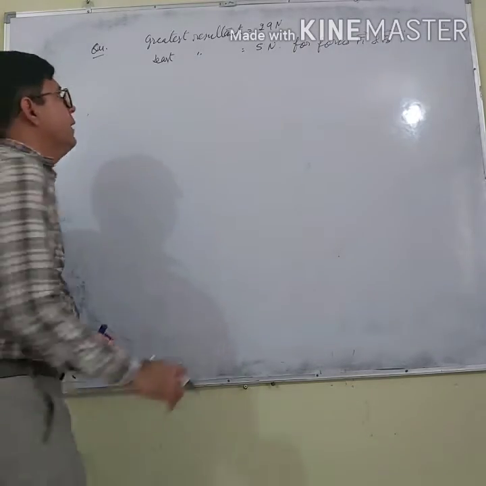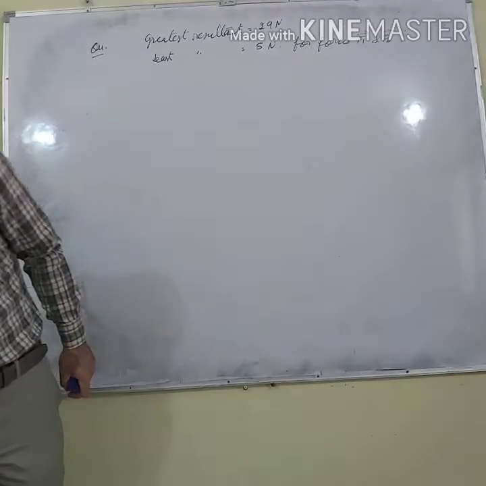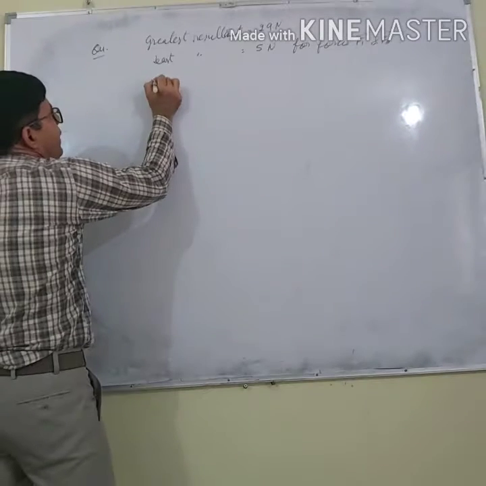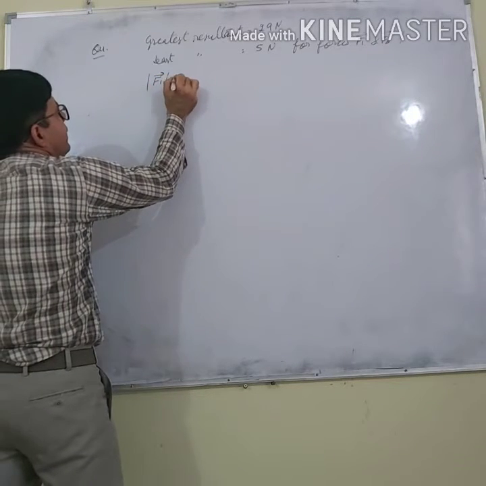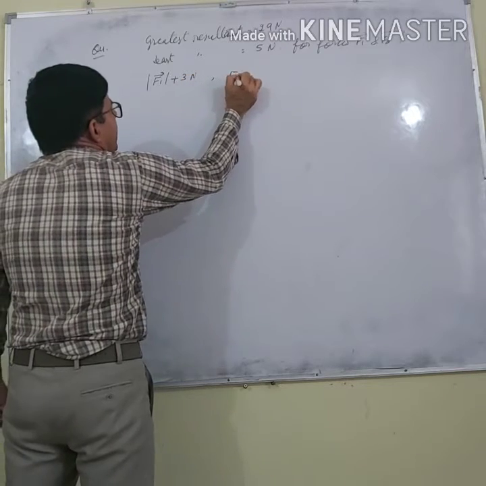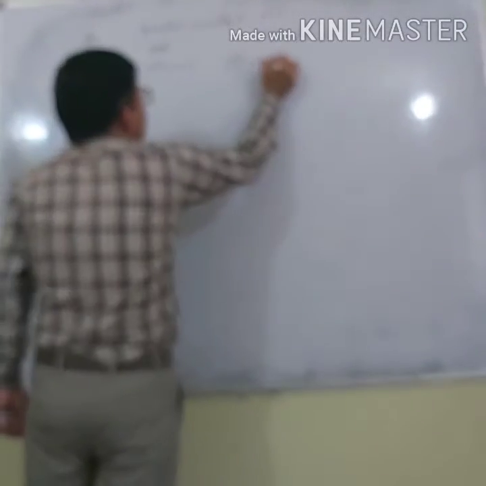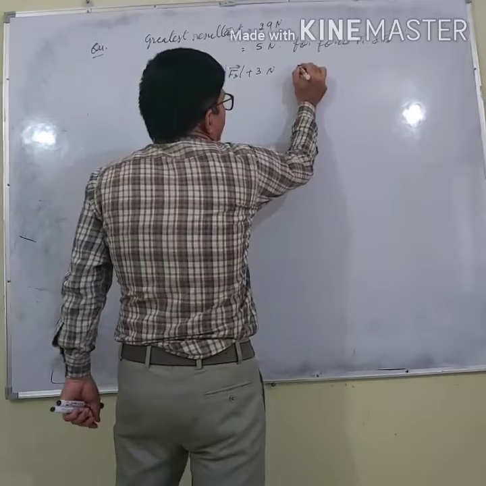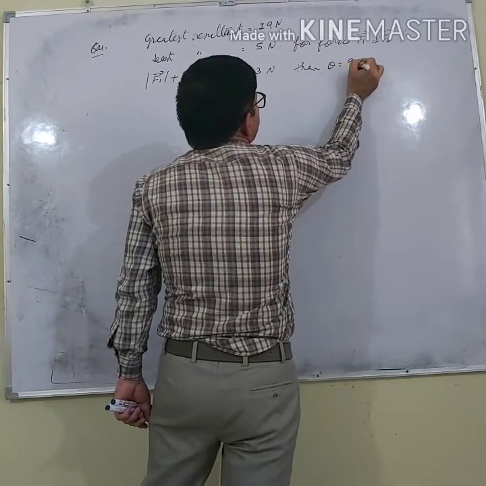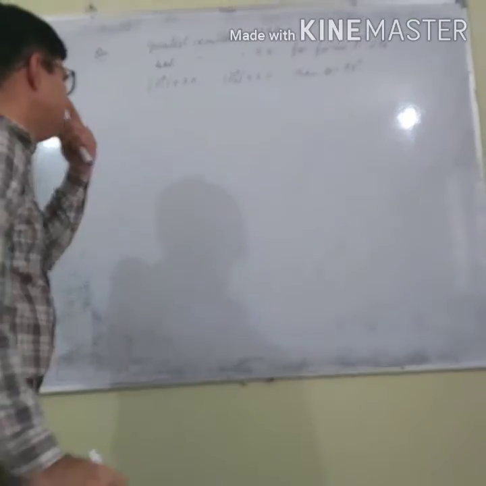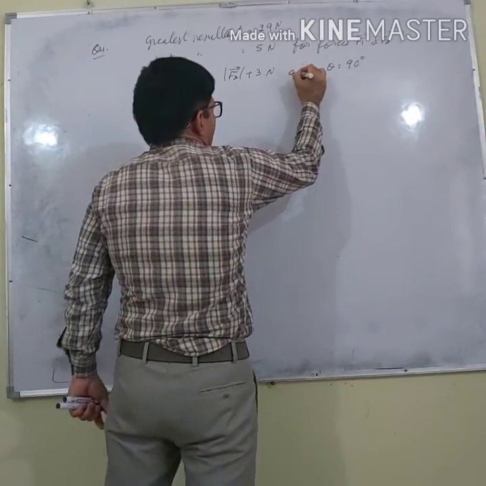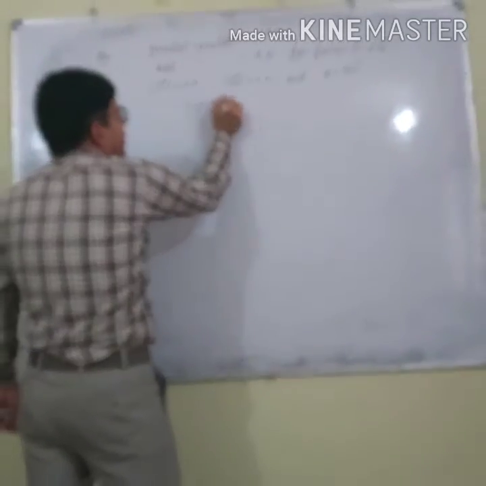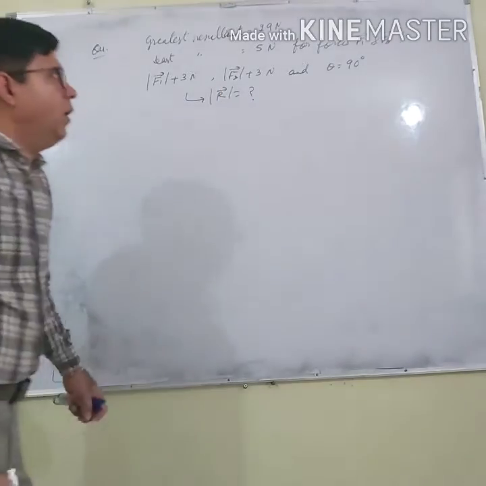That is, if the magnitude of F1 is increased by 3 Newton and the magnitude of F2 is also increased by 3 Newton, then the angle between the forces is 90 degree. What do I have to calculate? I have to calculate the R, right?